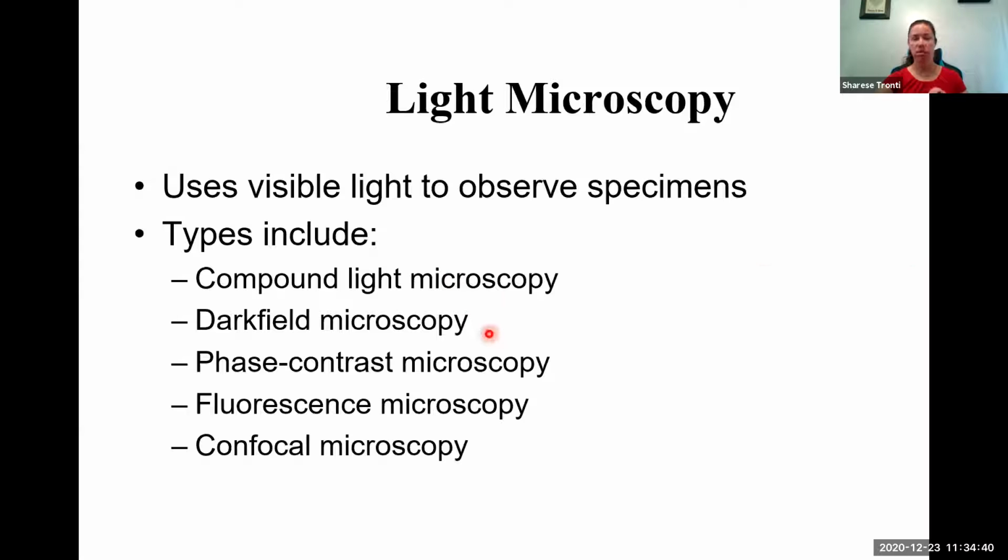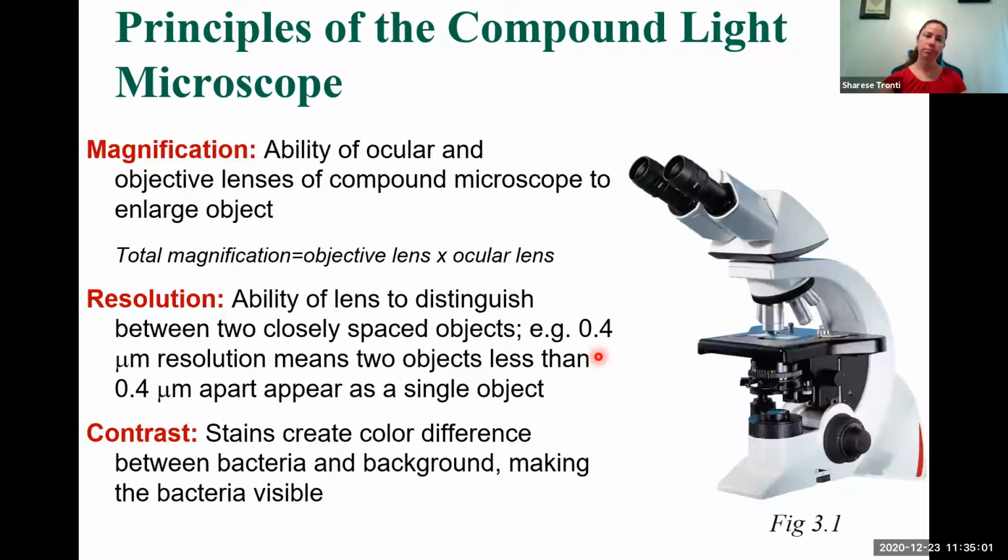We also have dark field and phase contrast. A couple more, which are very commonly used in microbiology studies, are fluorescence and confocal microscopy. We will be seeing lots of images that have used them, but we are not going to be doing that in our lab.